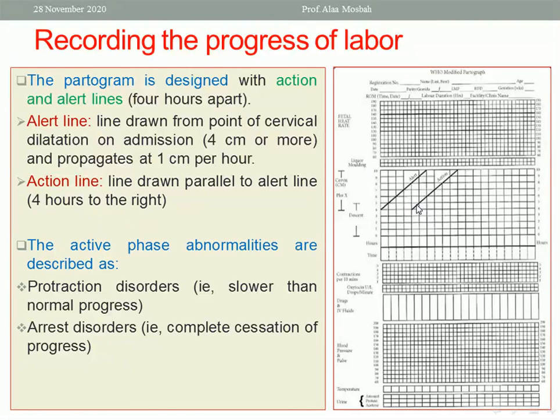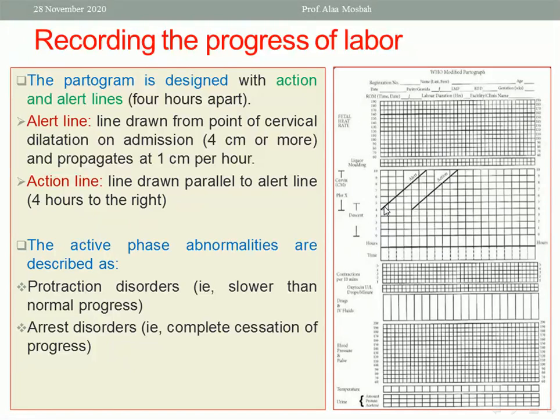Actually, when you see a patient in the active stage of labor, first draw the alert line and the action line immediately, starting from 4 here, and consider as if the cervix dilates 1 centimeter per hour, so continue the line up to 10 centimeter like that.